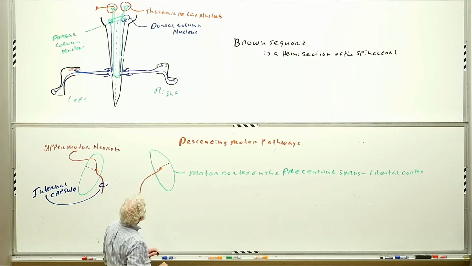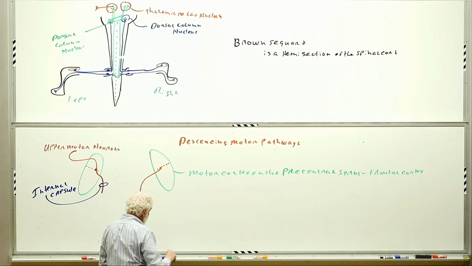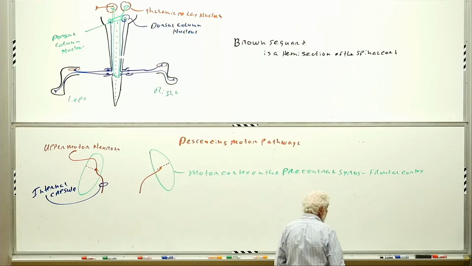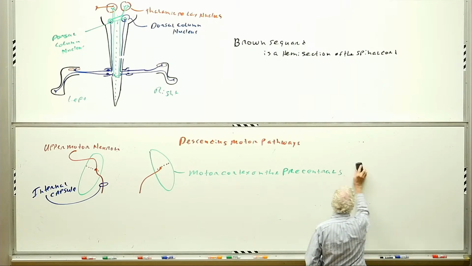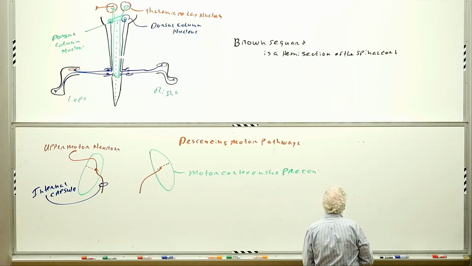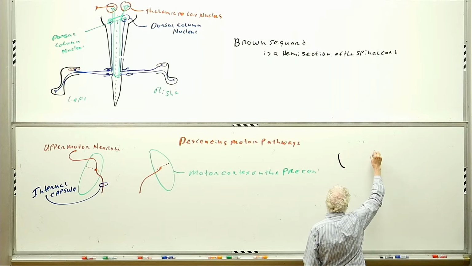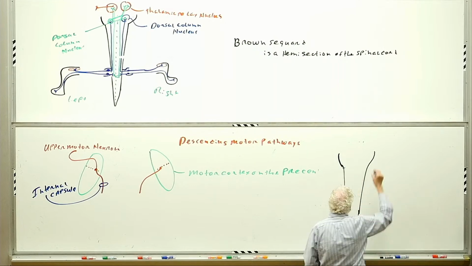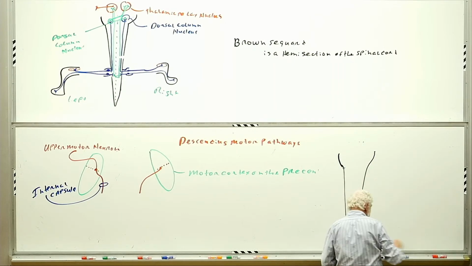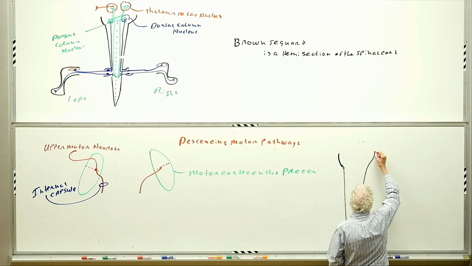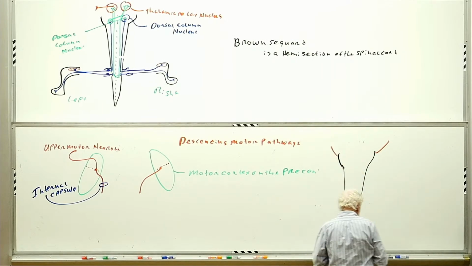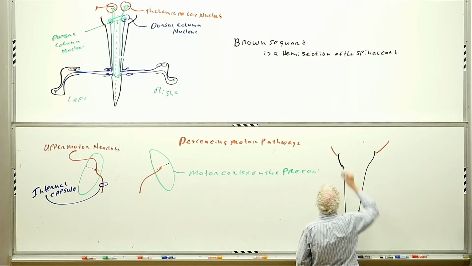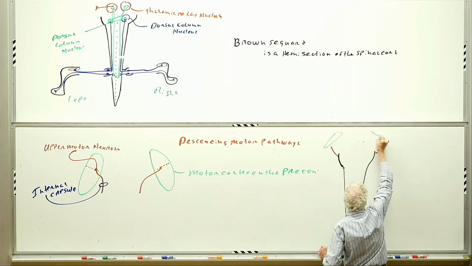And then, let me put the drawing over here. Back to the ice cream cone diagram. Here's the thalamus in red. And in green, we start out with the motor cortices.